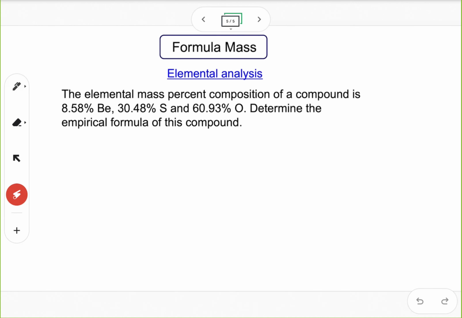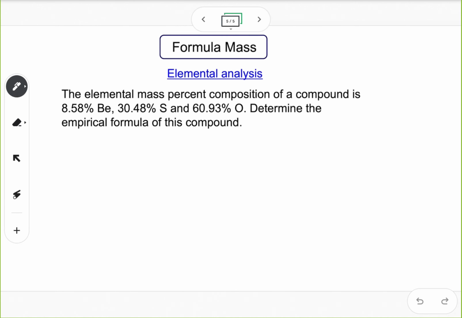Sometimes you may not be able to identify the molecular formula, but you can identify the empirical formula, and based on that, you can do more experiments and find out the actual formula. Remember, the empirical formula is the formula that indicates the smallest positive integer ratio of the atoms in a compound. So keep that in your mind. Now, how should we start?